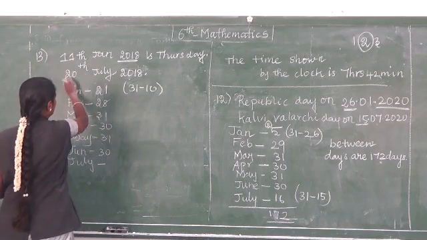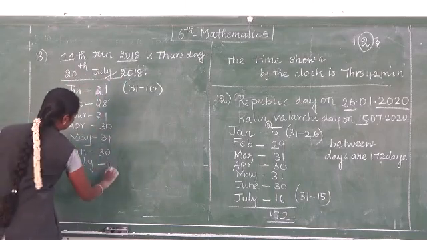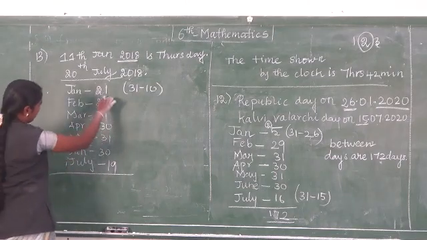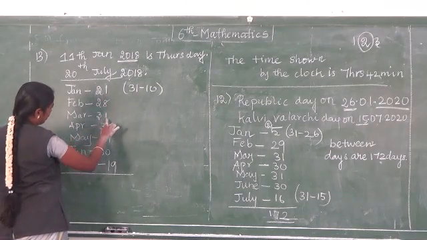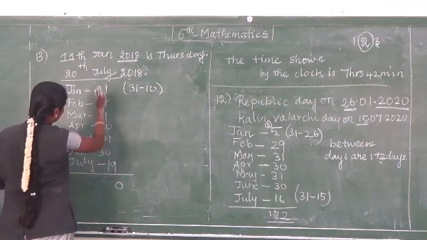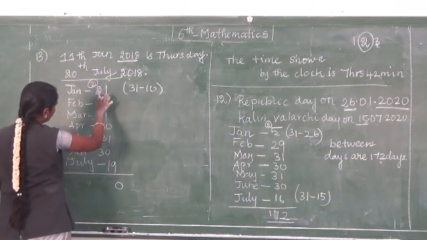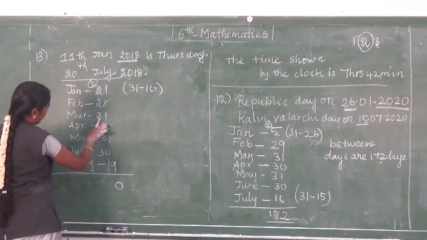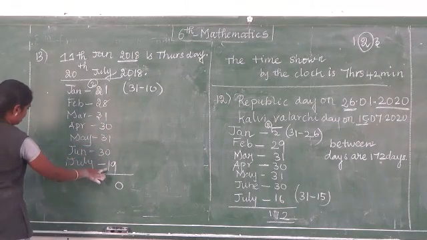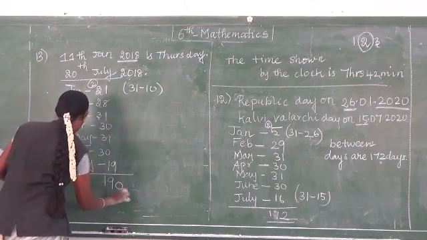So 19 days are over. Now add 8 plus 1, 9, 9 plus 1, 10, 10, 11, 11 plus 9, 20, minus 2, 4, 6. 6 plus 3, 9, 9 plus 3, 12, 12 plus 3, 15, 15 plus 3, 18, 18 plus 1 is 190 days.